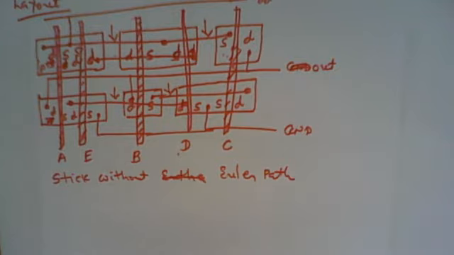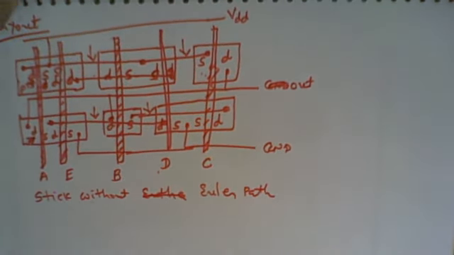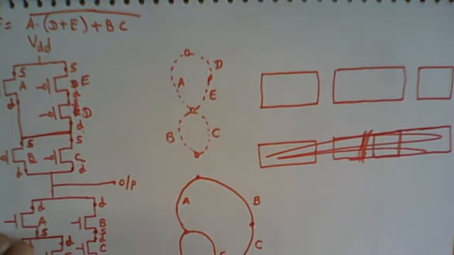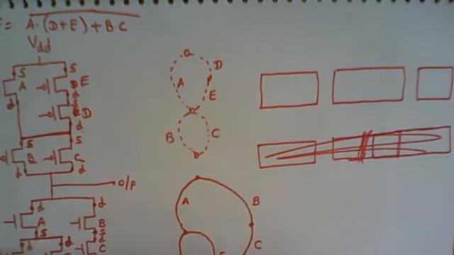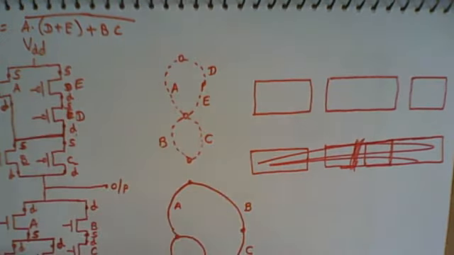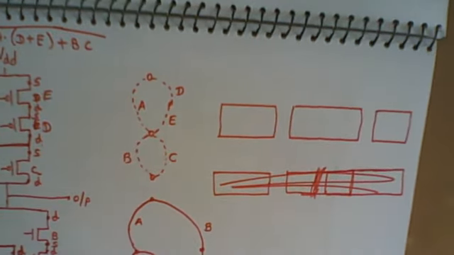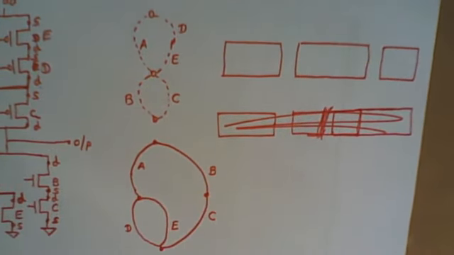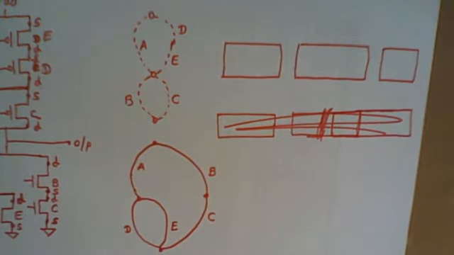So now let's see what the Euler path is. We have to find out the path in the PMOS and NMOS networks, a path which is common in both, without repeating any branch. We have to find out the path which can cover all the branches without repeating any branch and in particular directions.